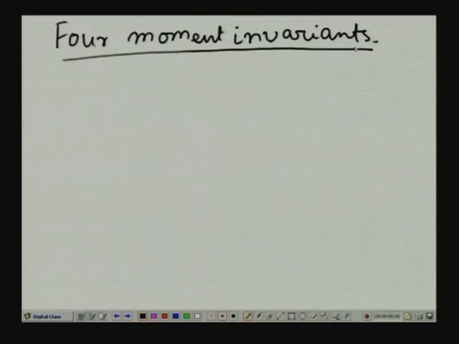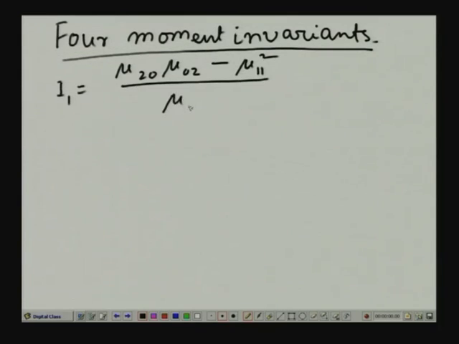Those 4 moment invariants are defined like this. I 1 equals mu 2 0 mu 0 2 minus mu 1 1 square, upon mu 0 0 to the power 4.